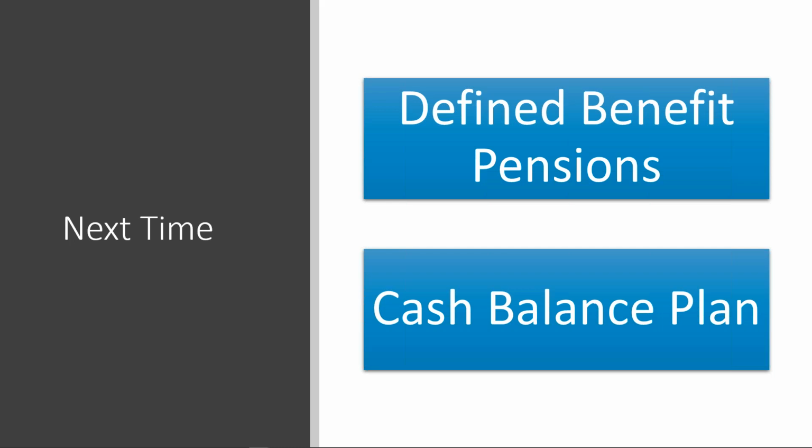The cash balance plan is a way to put away hundreds of thousands of dollars into your own accounts. You saw in the cross-tested plan, a husband and wife owner, we were able to put away almost 100,000 into the plan. With the cash balance plan, that number goes up by multiples. So we'll talk about that next time.